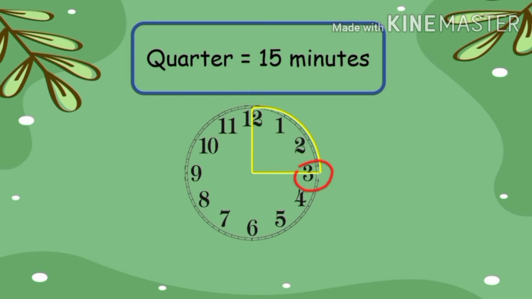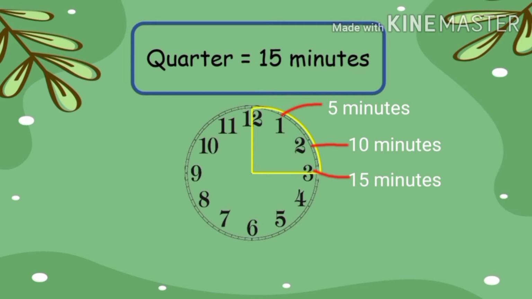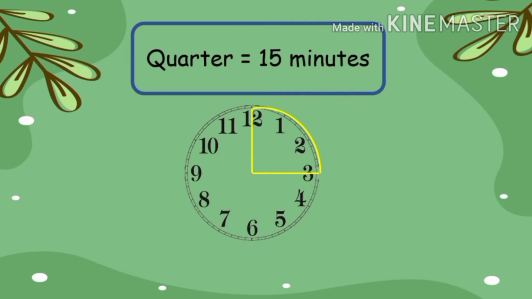We can count together. 1, 2, 3, 4, 5 minutes. 6, 7, 8, 9, 10 minutes. 11, 12, 13, 14, and 15 minutes. So, a quarter is actually 15 minutes.